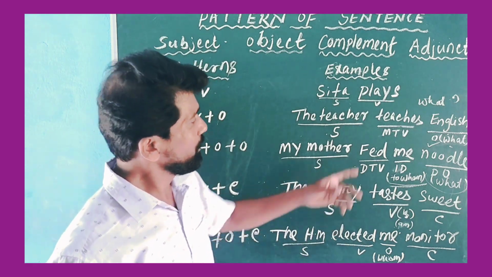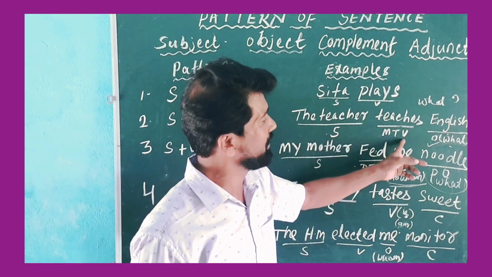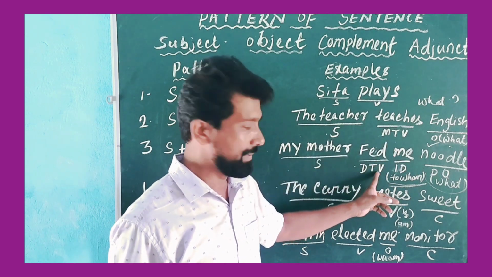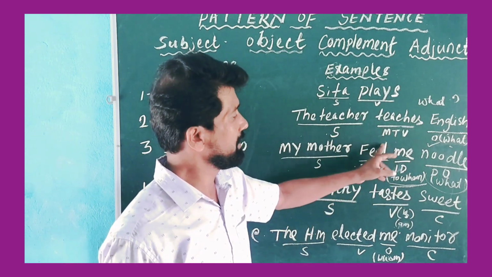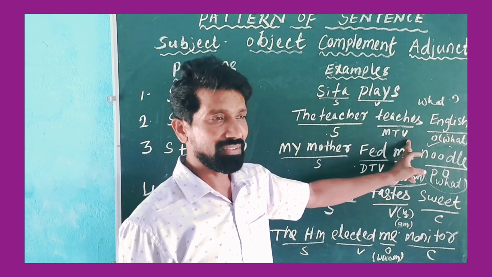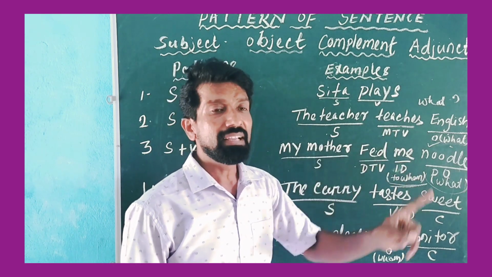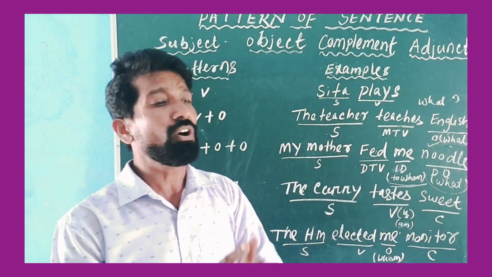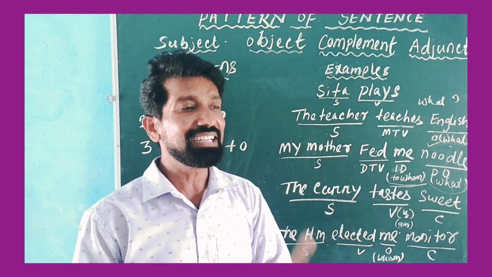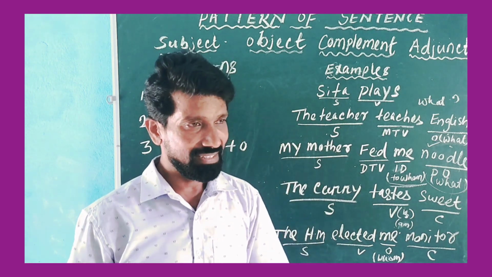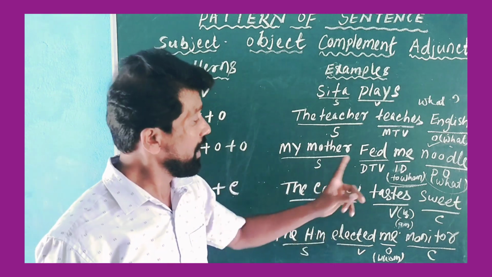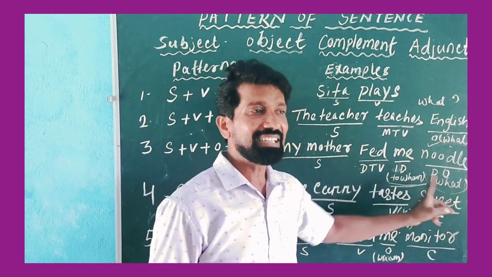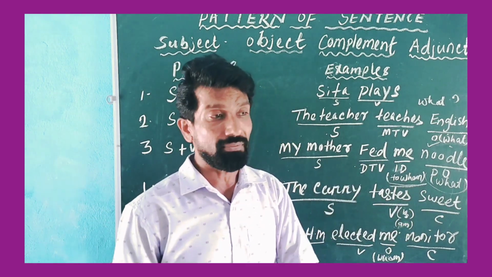Then a question arises: where I have written MTV and here DTV. What is MTV? Monotransitive verb. If a verb has only one object, that is a monotransitive verb. And if the verb has two objects, that is a ditransitive verb.